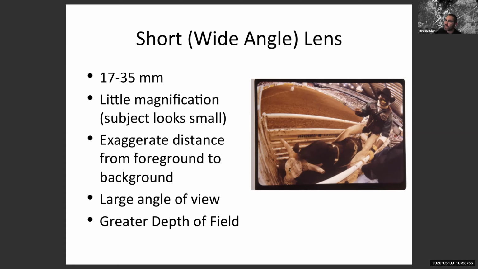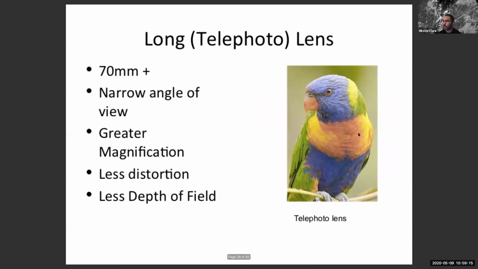Do you think this cow's head is as far away from this guy in real life as it seems in this photo? Probably not. A large angle of view is like the establishing wide shots or landscapes, and you get greater depth of field, which we're going to get into. Then 70 plus millimeter is a telephoto lens, 70 to 500, we said.